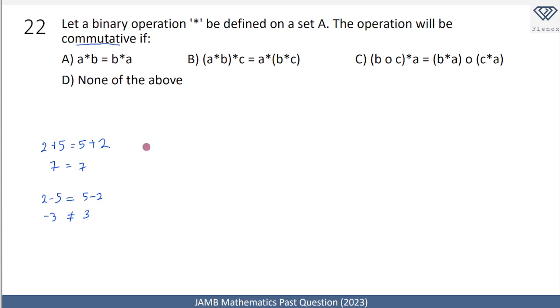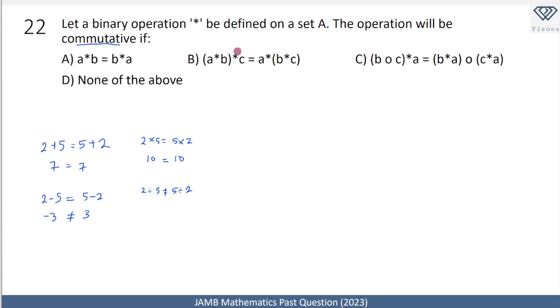Similarly, multiplication is commutative because 2 times 5 is the same thing as 5 times 2. 2 times 5 is 10, 5 times 2 is 10. But division is not commutative because 2 divided by 5 is not the same thing as 5 divided by 2. So commutative just means that changing the order of the operation does not affect the result.